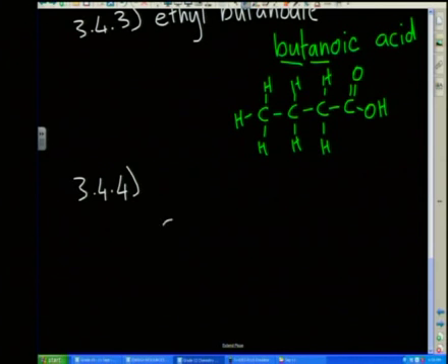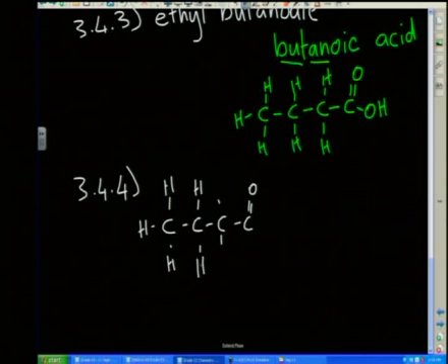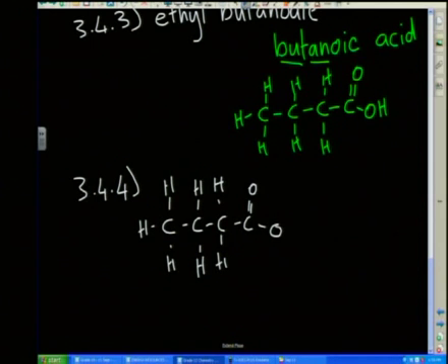And what we're going to find is 1, 2, 3, 4 from butanoic acid. So there we go. We've got our hydrogens again. And we're going to have to do this in a little bit of a rush to make sure that we finish on time. I'm not sure how much time we've got left. But let's try and figure out what goes on the other side. What changes when you make an ester is you make an oxygen bridge to the ethyl part.